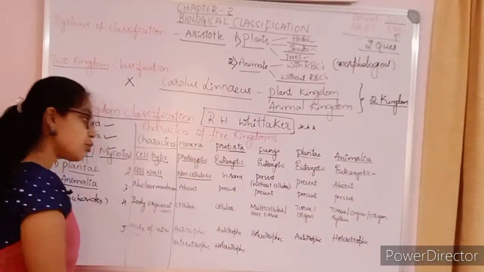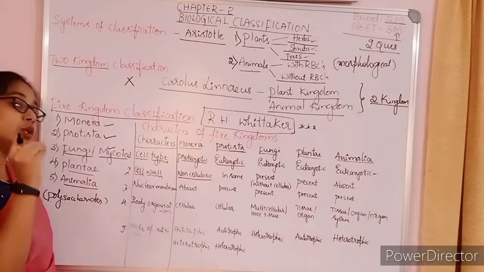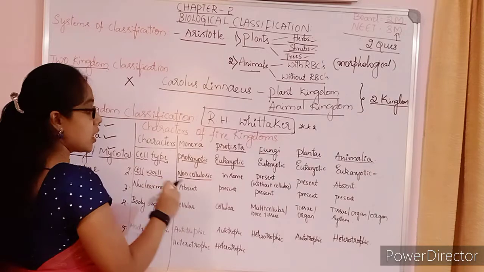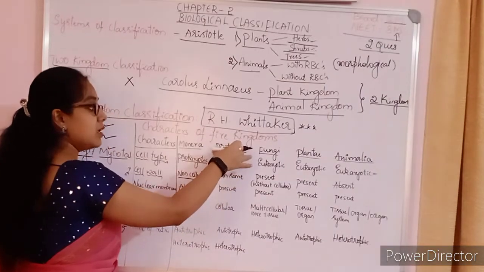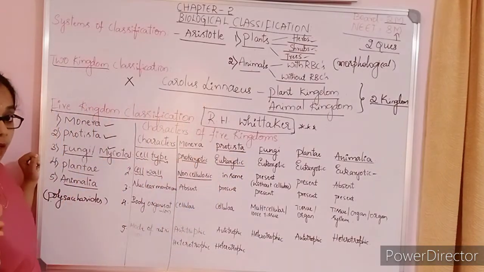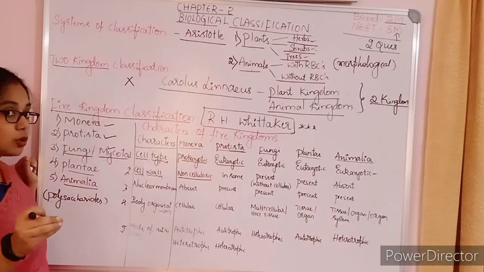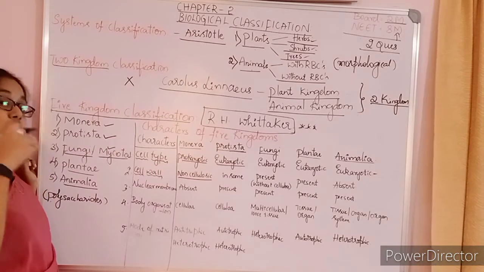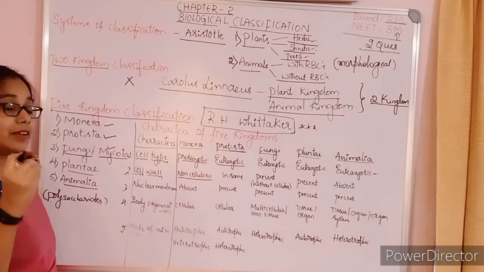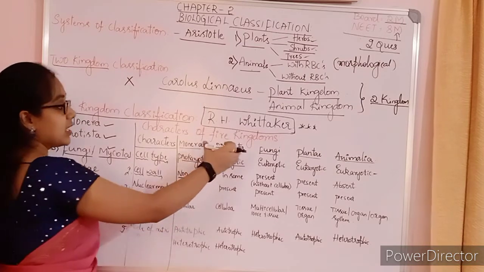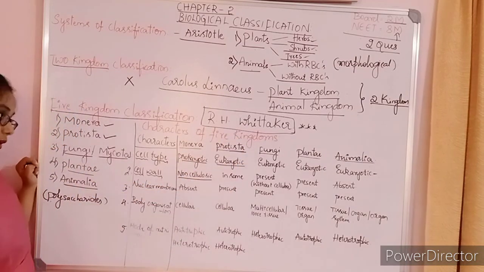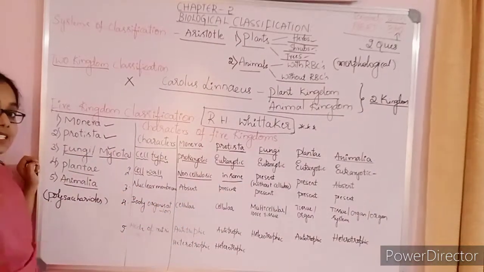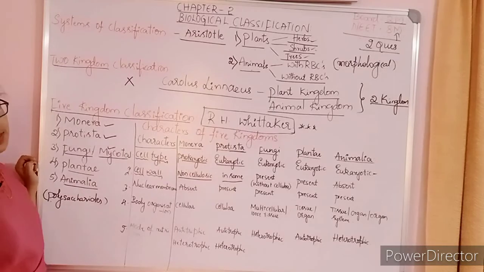In the kingdom Protista, there are few organisms whose cell wall is made up of cellulose. Not all the organisms coming under the Protista have a cell wall made up of cellulose. Only few organisms. So we'll study in detail about those organisms while I discuss this kingdom Protista separately. Okay. So only in some organisms we can see the cell wall which is made up of cellulose.